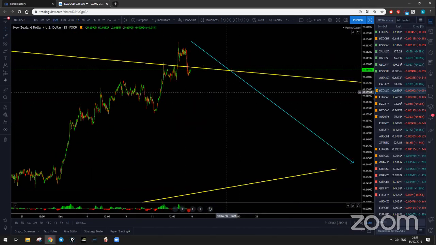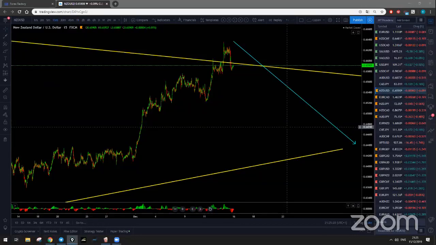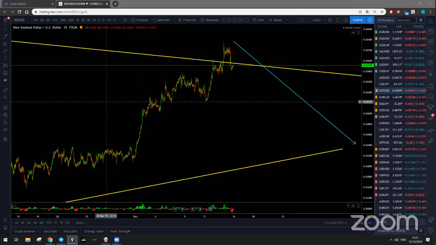On the 50 minutes, as you can see, we are anticipating a bit bigger correction before taking ourselves to the downside. There are many trades waiting for us with a correction. We have to wait for the correction to form, then find your reasonable risk and reasonable stop loss, then simply take the trade to the downside.